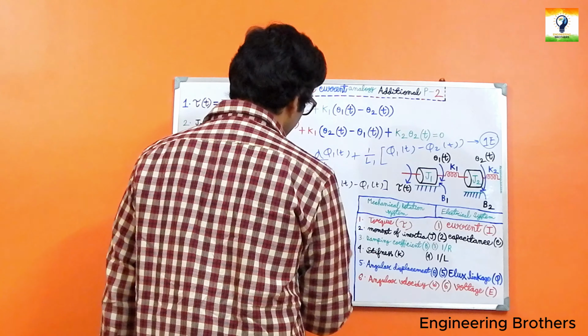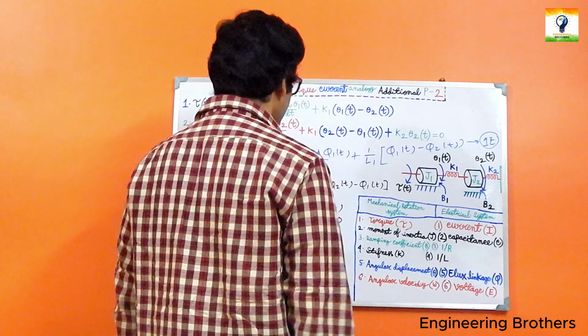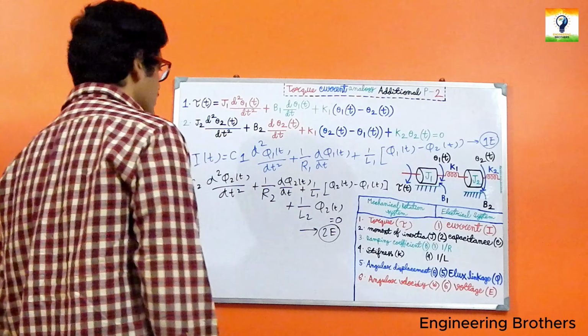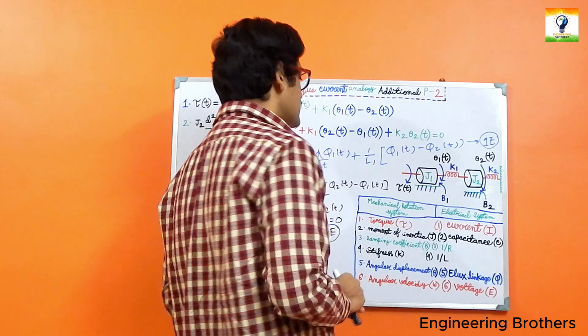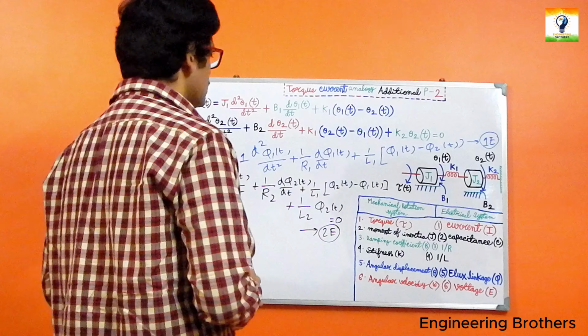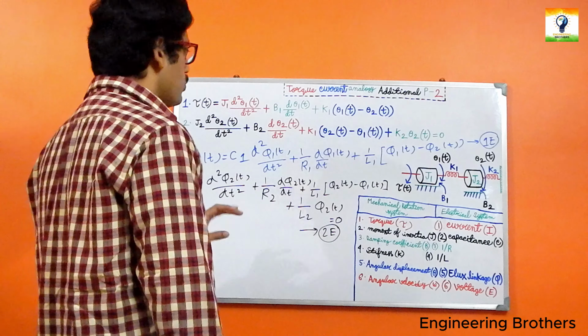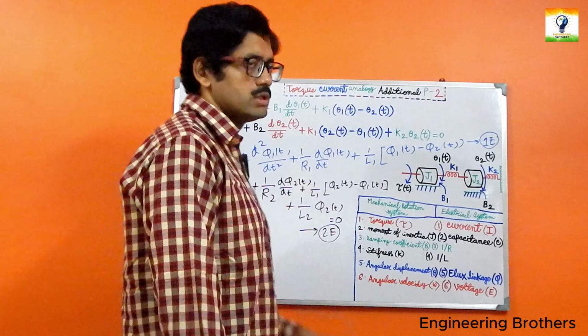So this is our second electrical equation that we have got after following these mechanical-electrical relations, the analogous concept, and overall the torque current analogy.